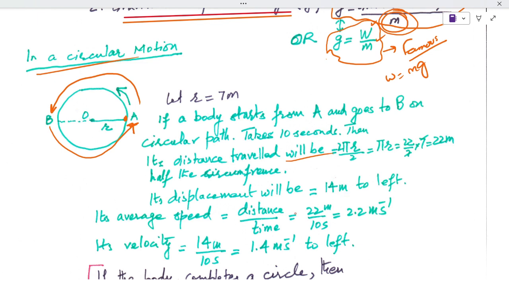The distance will be covered when the body travels on the circumference of the circle, and displacement will be along the diameter of the circle.